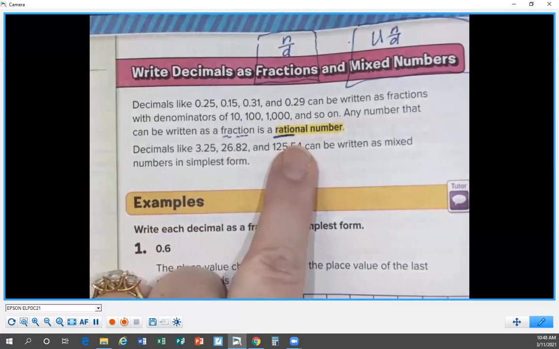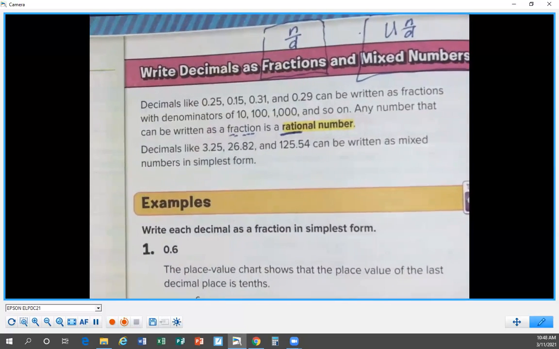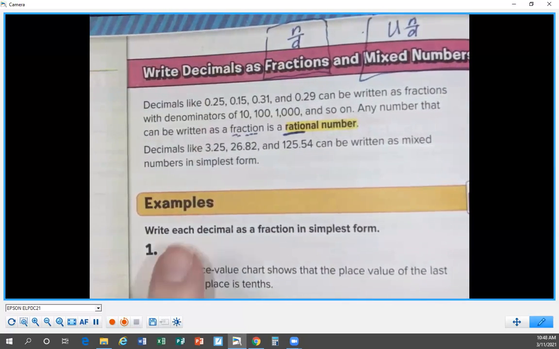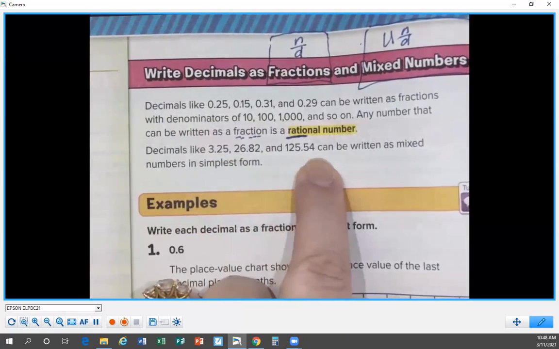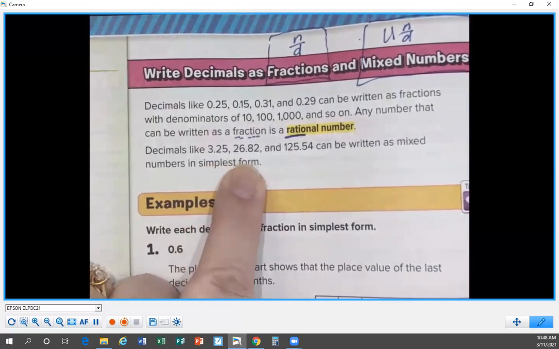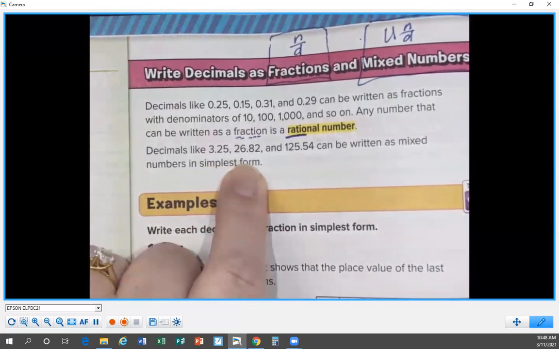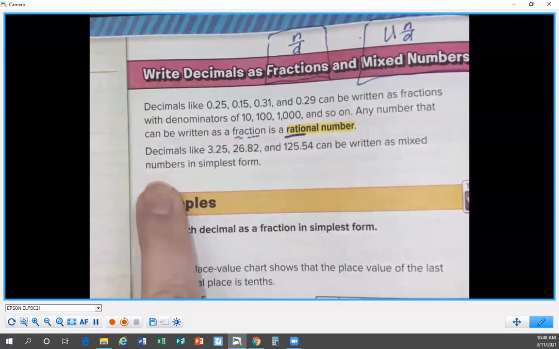So when we can write something as a fraction, it's called rational because we can write it as a comparison between 2 numbers. So decimals like 3.25, 26.82, and 125.54, which we read as 3 and 25 hundredths, 26 and 82 hundredths, 125 and 54 hundredths, can be written as a mixed number in simplest form.